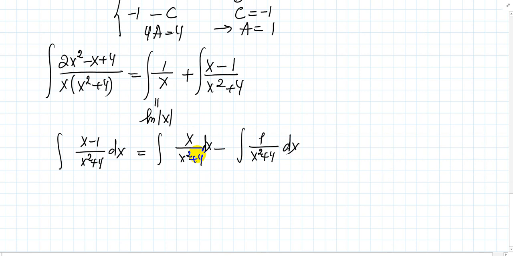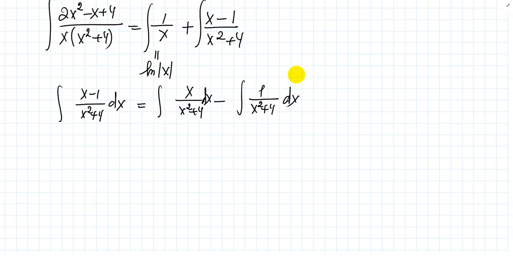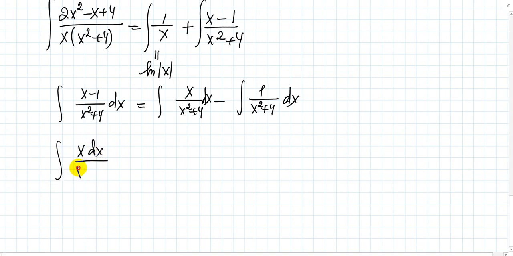The first part can be solved by introducing the substitution. So the integration of x dx divided by x squared plus 4 is equal to... Now I need to introduce the substitution. Do you see that the numerator is the derivative of the denominator? So u should be equal to x squared plus 4. What is du? 2x dx, right?